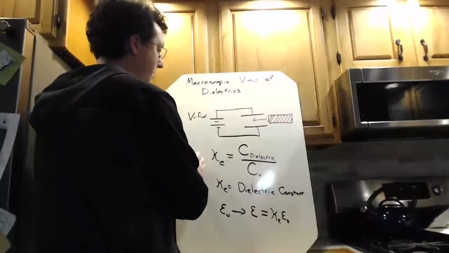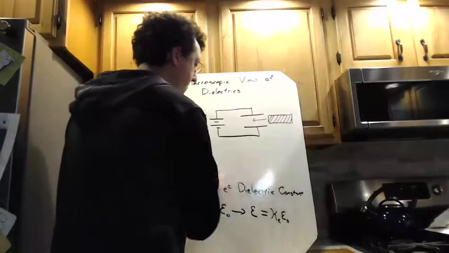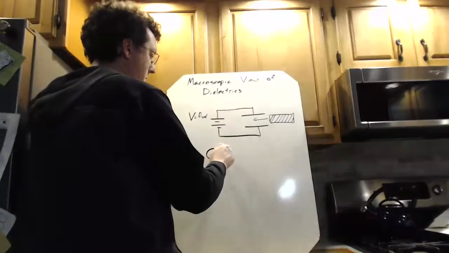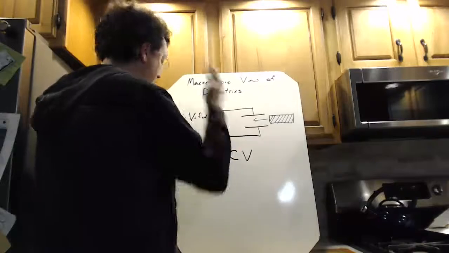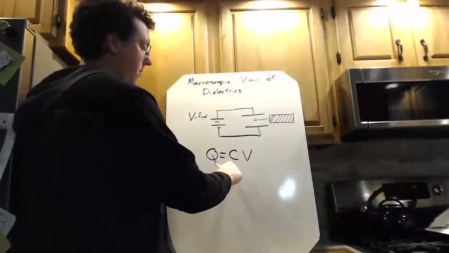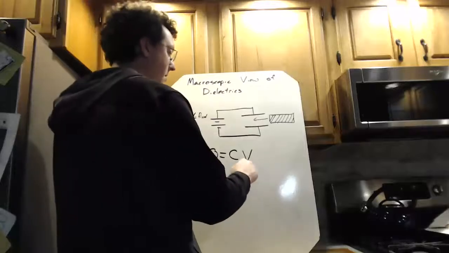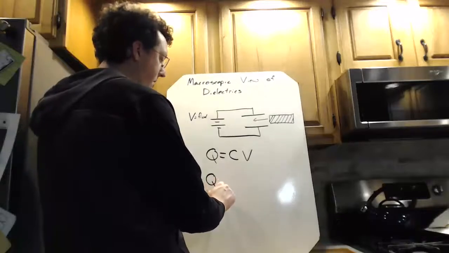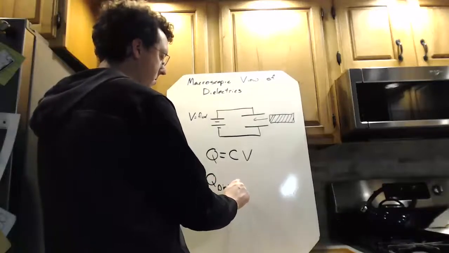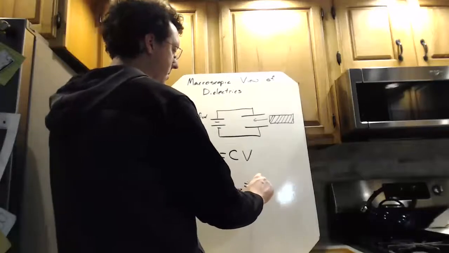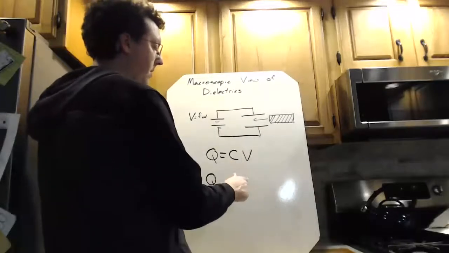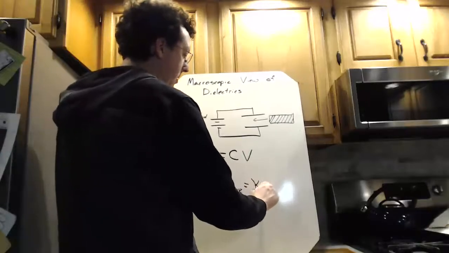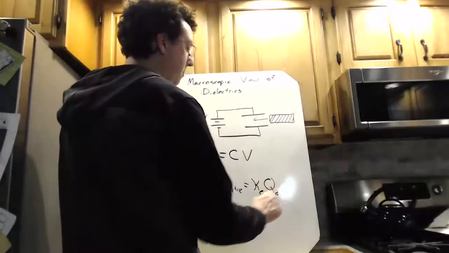One thing you can also say is, if Q equals C times V, then what we're finding is that C is increased by a factor of kappa, so that means the charge with the dielectric is kappa times the charge it would have had if it had been filled with vacuum.